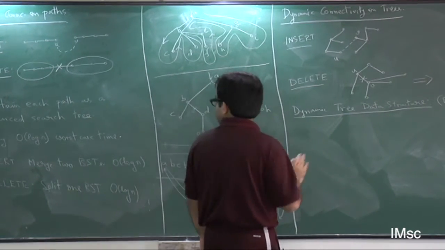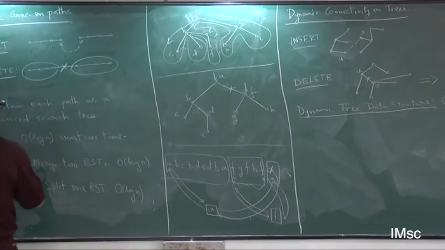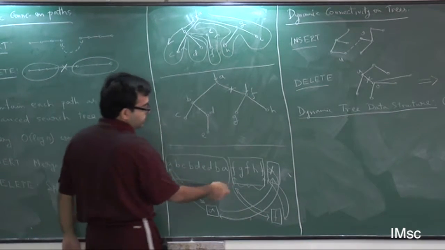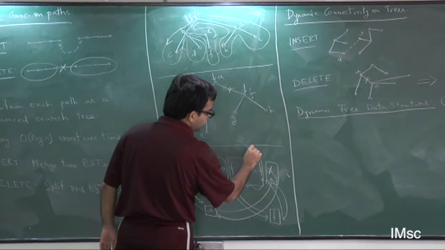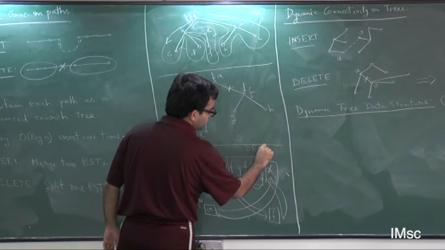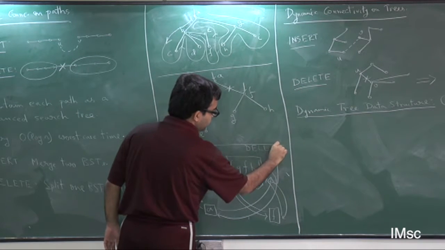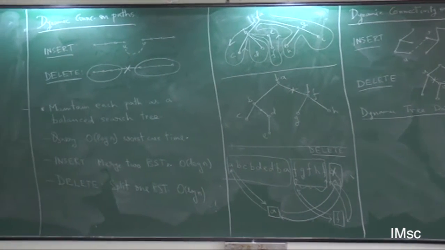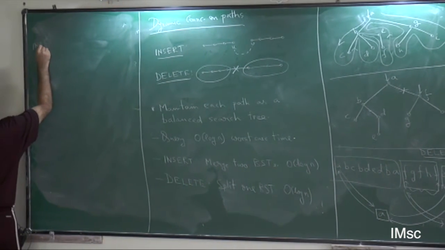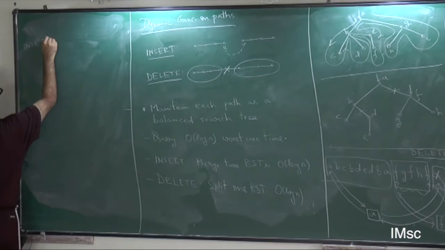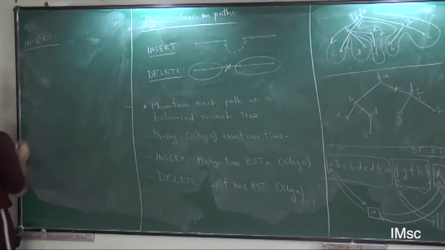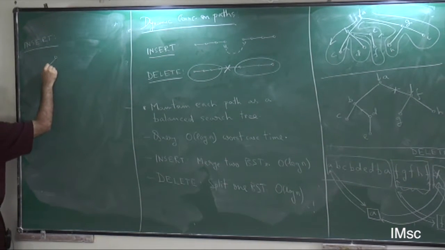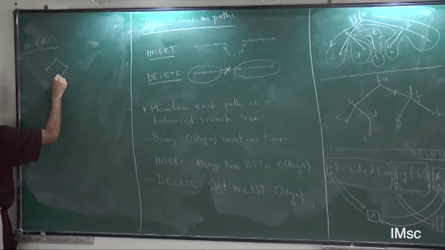Okay, one other thing, let us come back here. So, this is for delete, right? This is how we will handle a delete. Now, what will you do with insert? Let us just do a simple example.